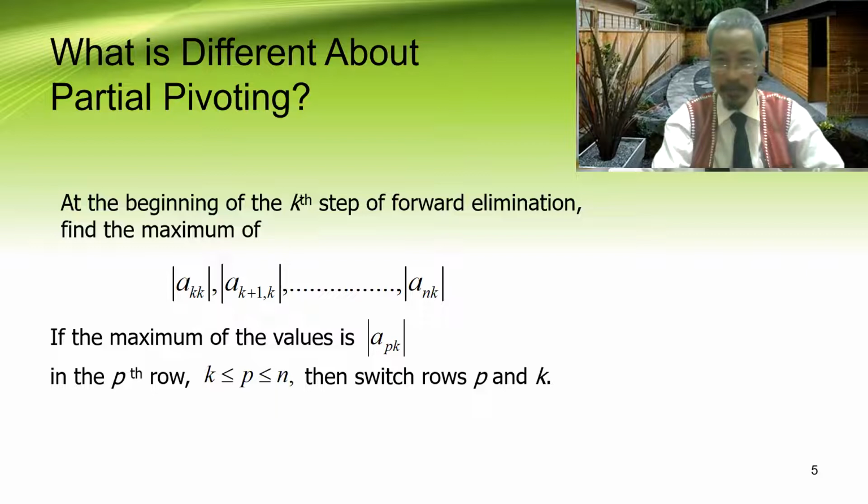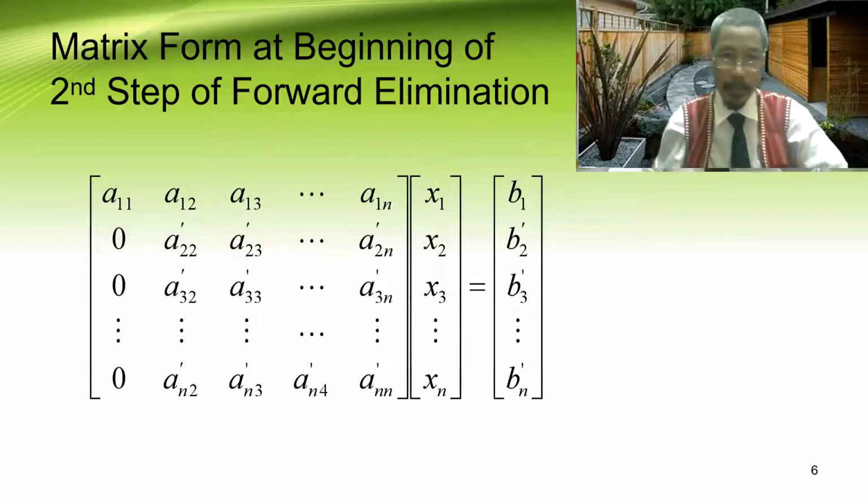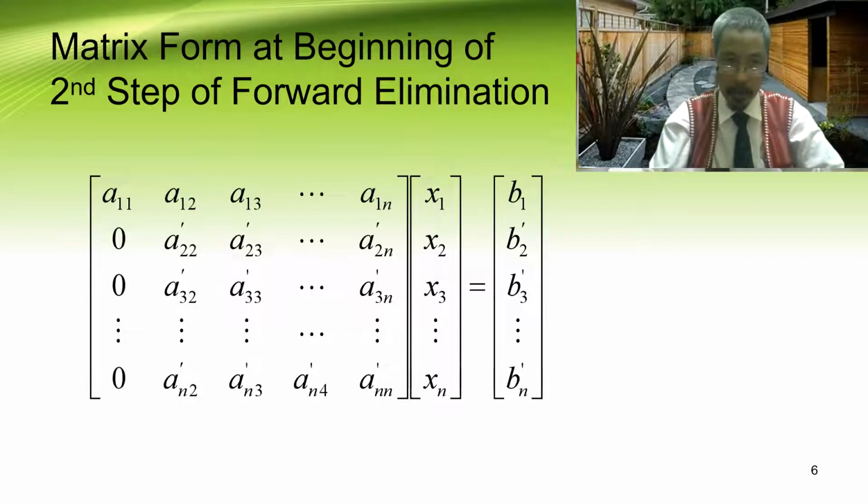So let's do that. For example, take a big square matrix like this. At the beginning of the second step of forward elimination, we have the following matrix form. Take a look at the first column.